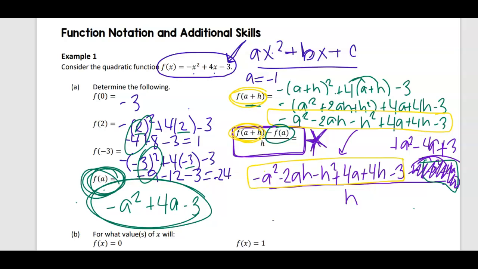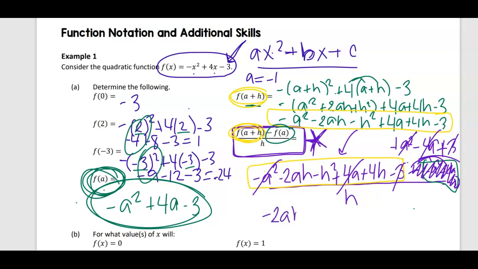Notice that any of my terms that don't have an h end up canceling, which is why I knew I missed that negative, okay? So negative a squared and a squared cancel. 4a and negative 4a cancel. Negative 3 and 3 cancel. Let's write what's left over.